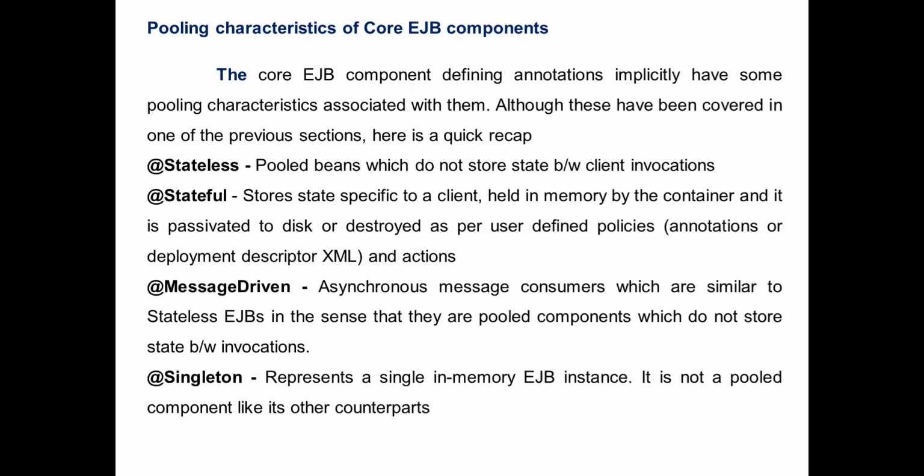Finally, there is @Singleton, which represents only a single instance in memory. So it is not a pooled component like its counterparts. These are the characteristics of the EJB components.